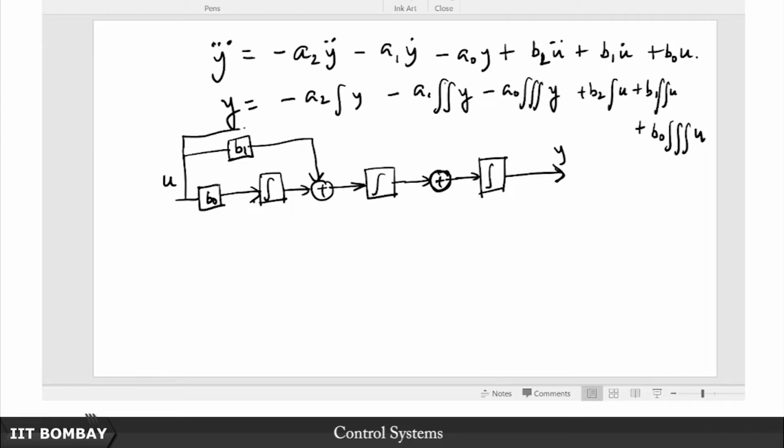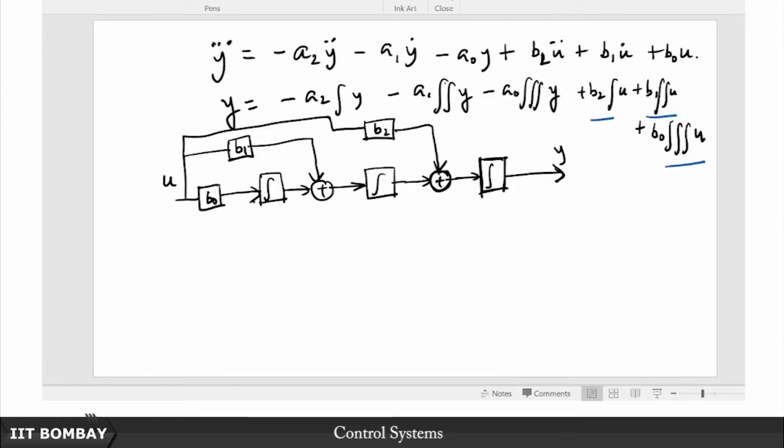Then we have to pass b2 times u once through the integral action, so we bypass the first two integral actions and pass it through the third. That takes care of these three terms.